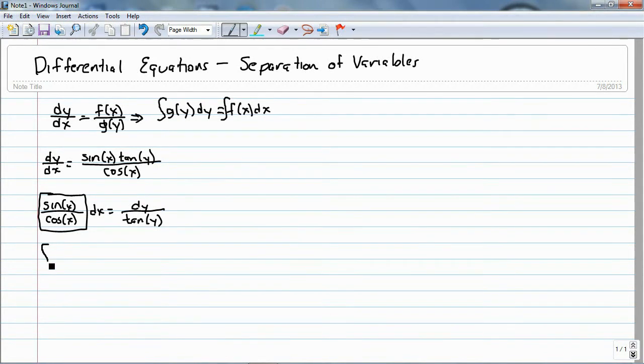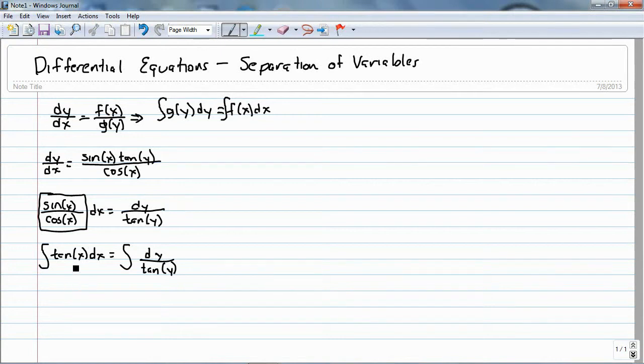So it's going to be the integral of the tangent of x dx is equal to the integral of dy over tangent of y.